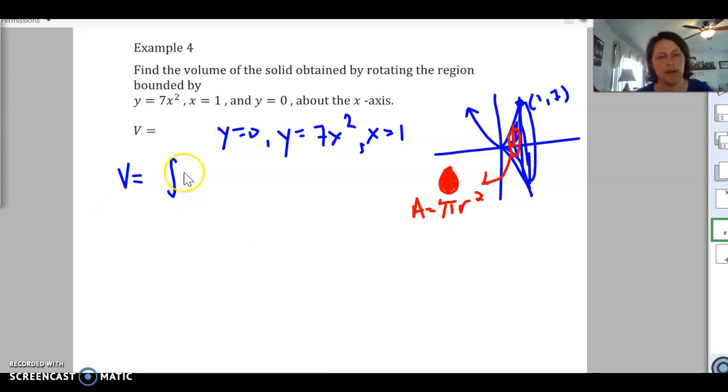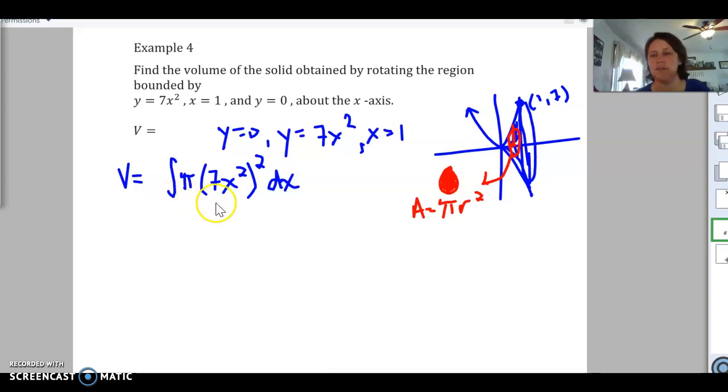So we're going to integrate the area equation, which is pi times r squared, where r is always going to be the distance between the x-axis and the equation, squared, and then dx.